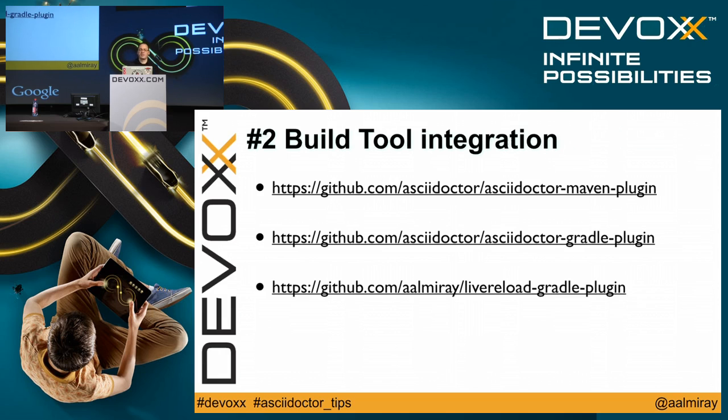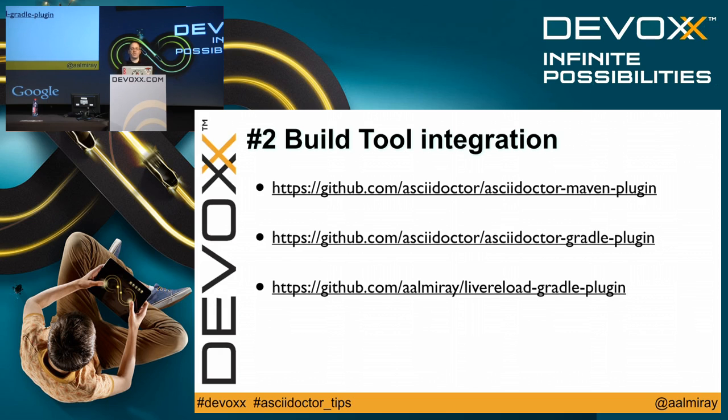The next one that I want to show is build tool integration. There are many ways for you to transform Asciidoc sources into whatever output format you need, be it HTML, DocBook, PDF, EPUB, or some other kind of backend. It's also a good idea to supply your documentation with additional information that lives outside of the documents themselves.